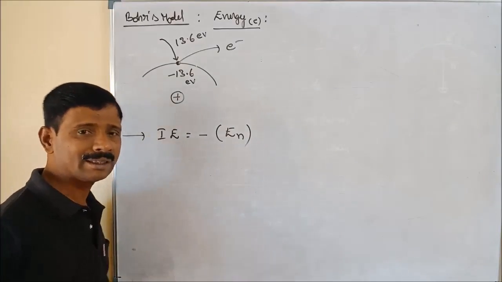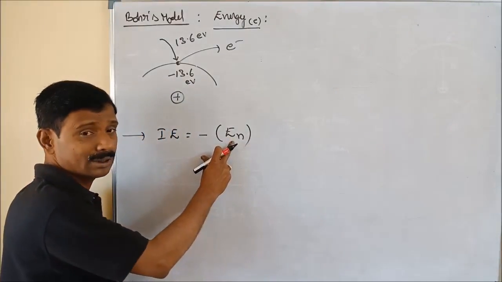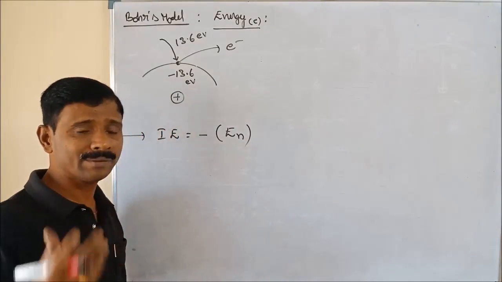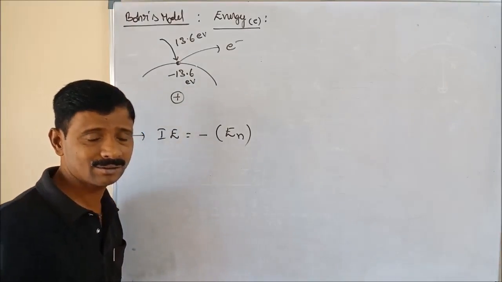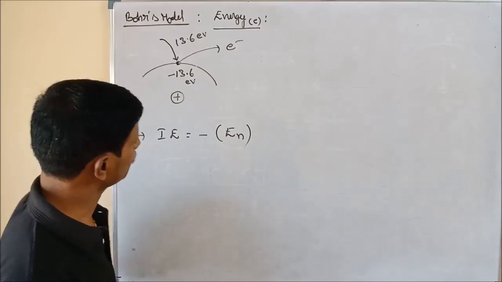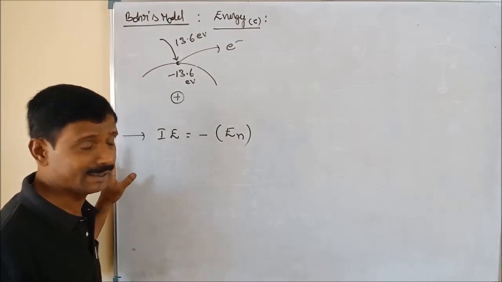Suppose the energy of the electron is minus X, then ionization energy is minus into minus X, which is nothing but plus X. So in that way, we have to find out the ionization energy.